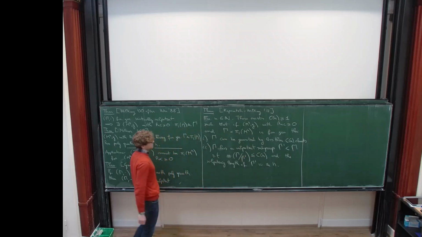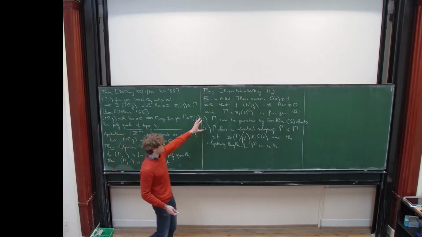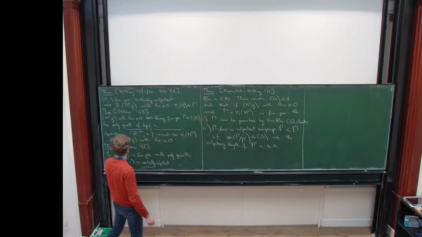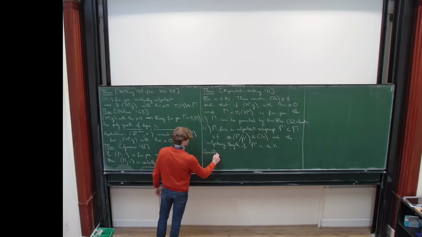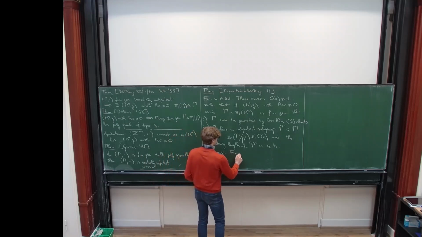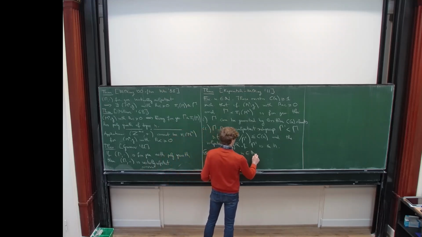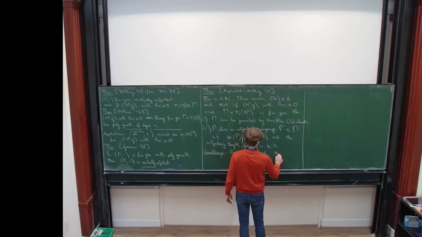Okay, so let's see again another straightforward application of this refined statement, which doesn't follow from the previous ones. Okay, so you fix the dimension n again. You fix your favorite natural number k greater or equal than 2.